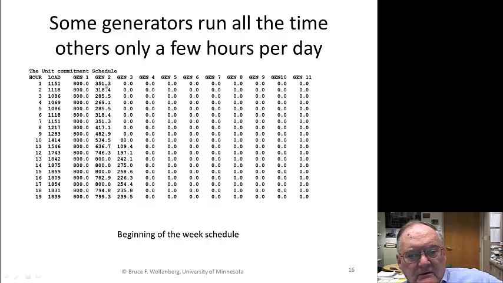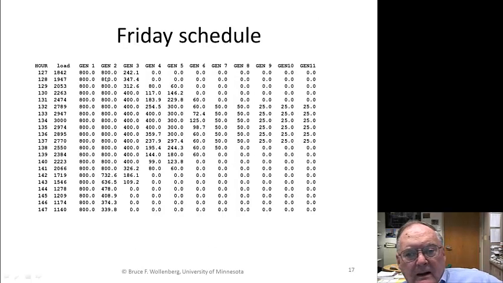And you notice that the load is very low here, so it's only got 2 generators on. As the load gets up to around 1400, we put another generator on. These generators are all off. And in this example here, up to hour 19, I never got beyond scheduling 3 units. Here's some other hours that are very high, 127 to 147. And once again, we got the first 2 on, then I got 4 and 5 on.